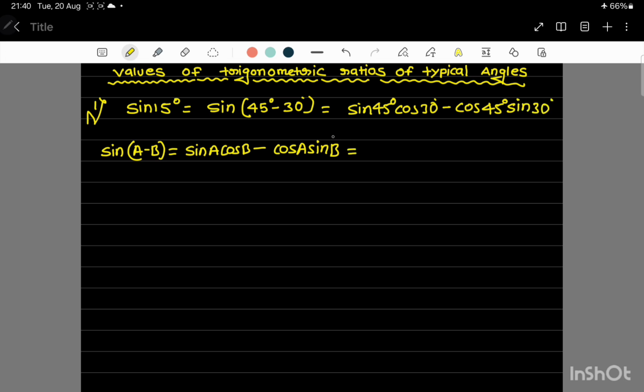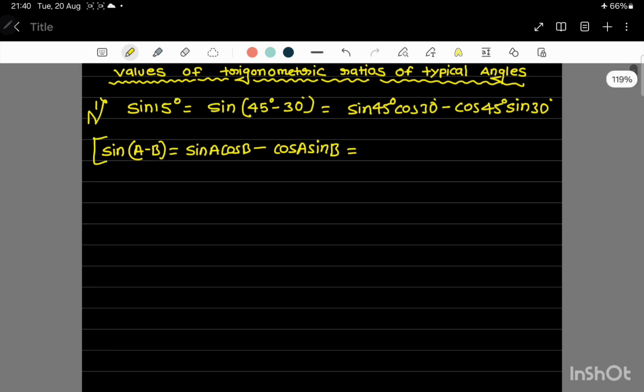So sine 45 degree is equal to 1 by root 2, into cos 30 degree, which is root 3 by 2, minus cos 45 degree, 1 by root 2, into sine 30 degree, 1 by 2.